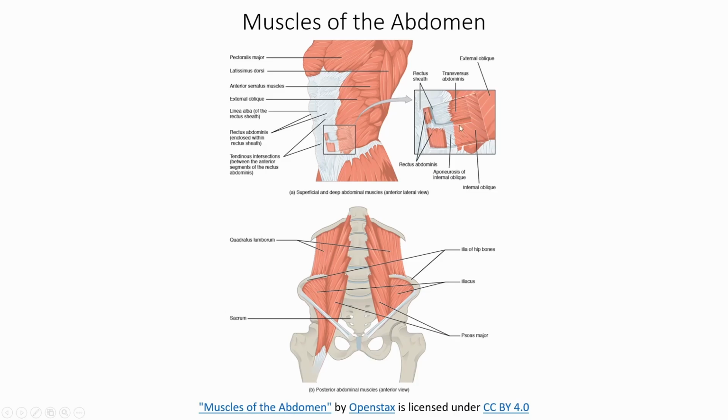We see the internal oblique, which runs perpendicular to the external oblique. And then if we go even deeper, we have the transverse abdominis, so these transverse abdominis muscle fibers are running perpendicular to the rectus abdominis.